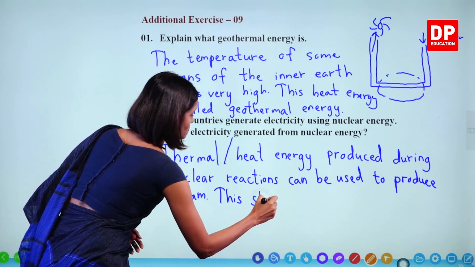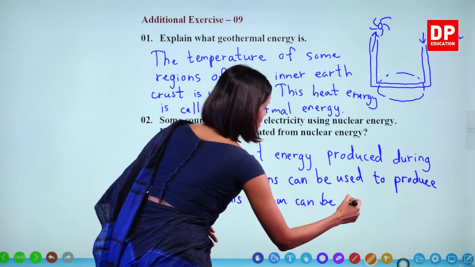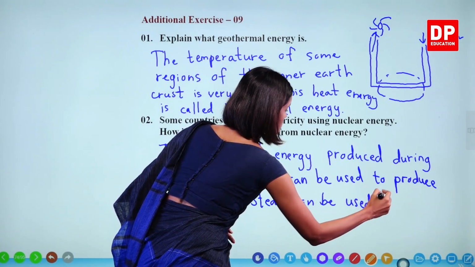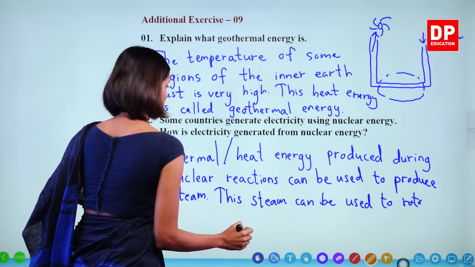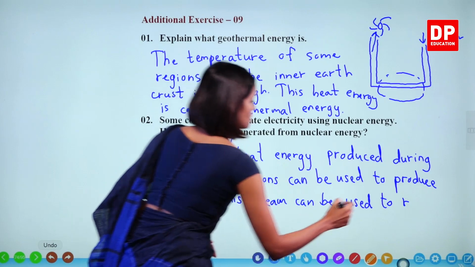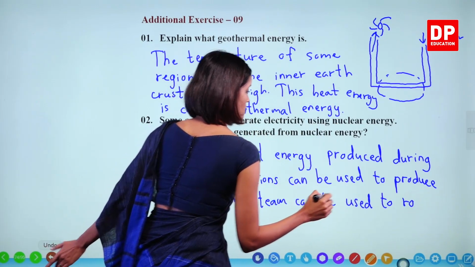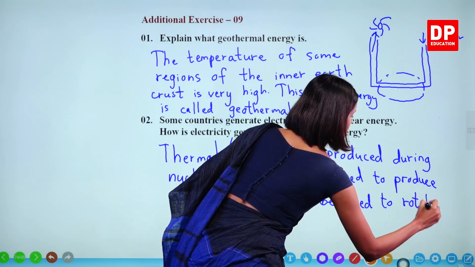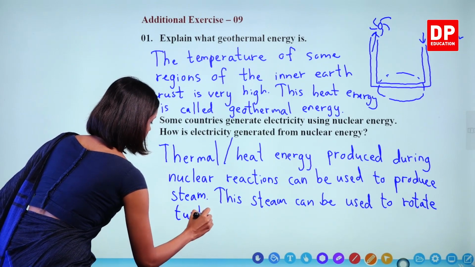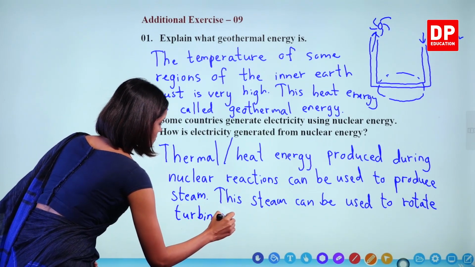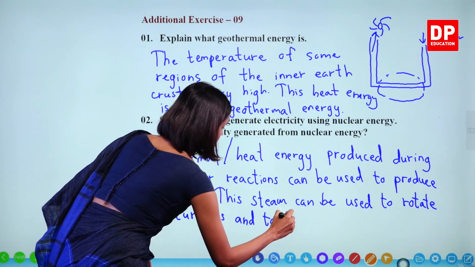The steam can be used to rotate turbines and to generate electricity.